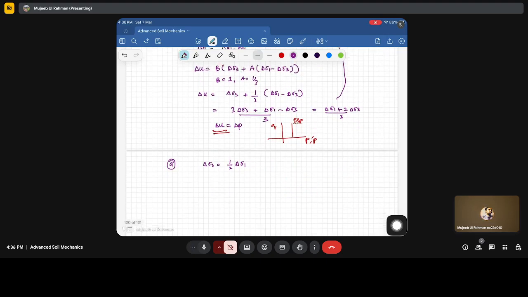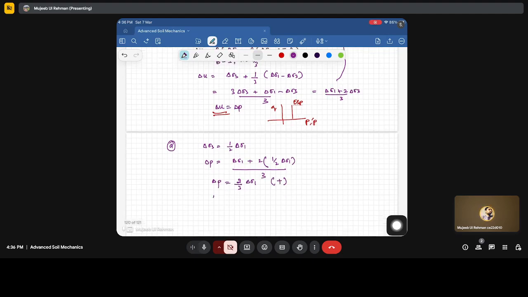Now for this case, delta P will be equivalent to delta sigma 1 plus 2 times delta sigma 3, which is equal to 1 by 2 of delta sigma 1, divided by 3. So delta P is equal to 2 by 3 of delta sigma 1, which is actually a positive term, and delta Q will be equal to delta sigma 1 minus delta sigma 3.